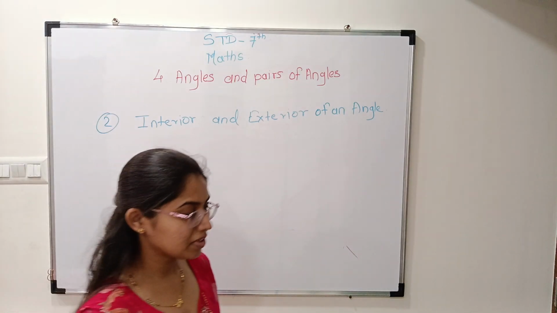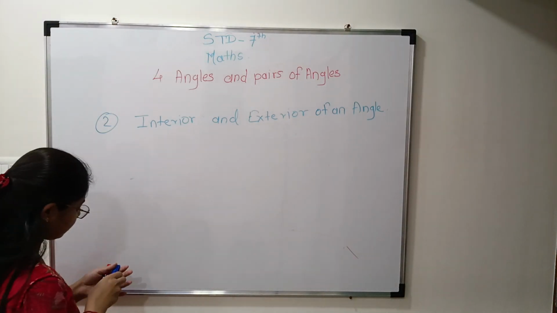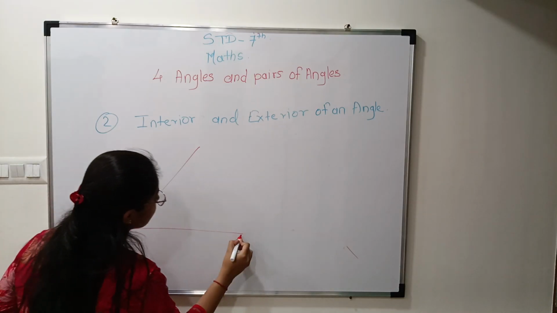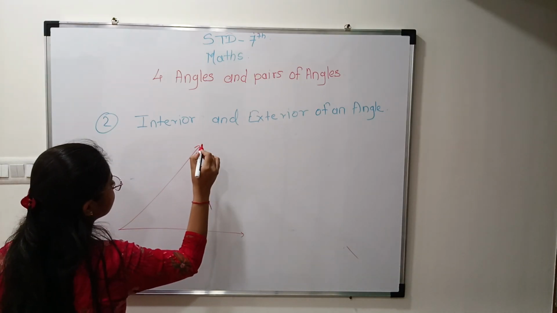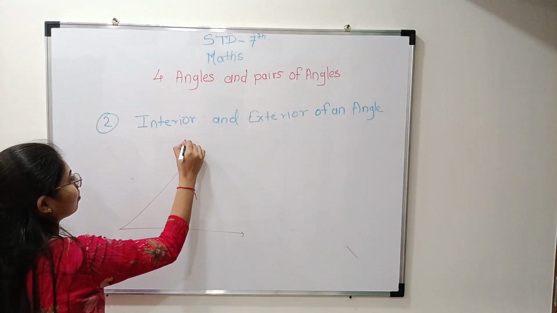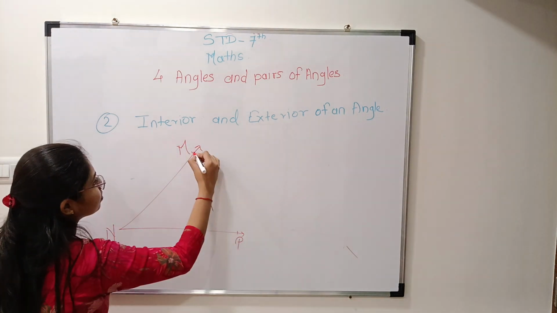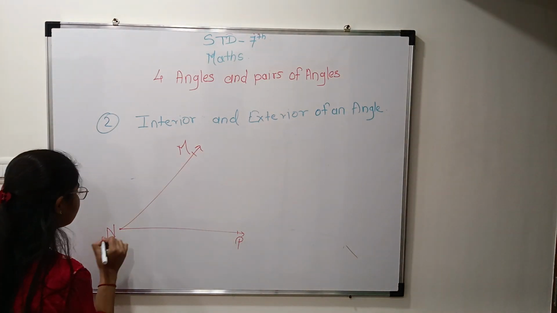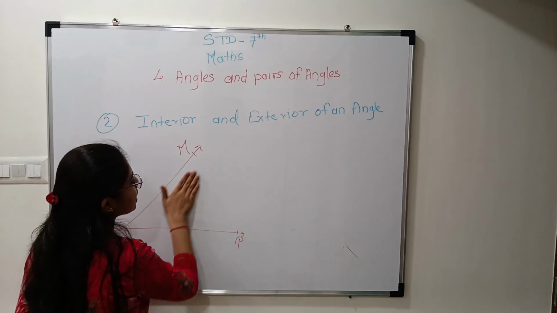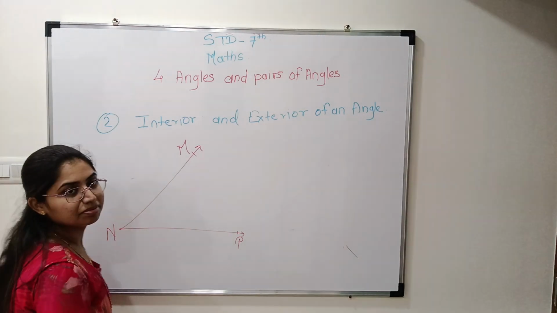See here, first of all we will see what is interior of an angle. Suppose this is an angle MNP. Now here is a space inside the angle, and this one space is outside of the angle, right?